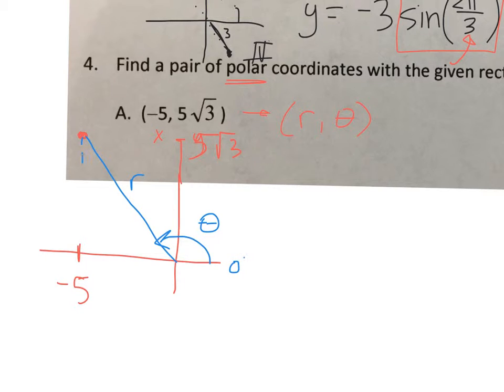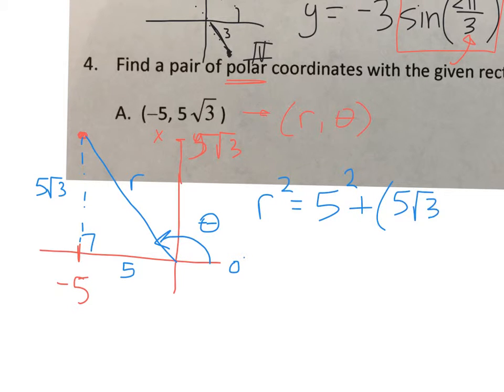So to find the radius, we simply use our buddy Pythagoras. So we have a y value of 5 root 3, and we have an x value of 5. So r squared equals 5 squared plus 5 root 3 squared. 5 squared is 25, and then we have to square all of our terms.